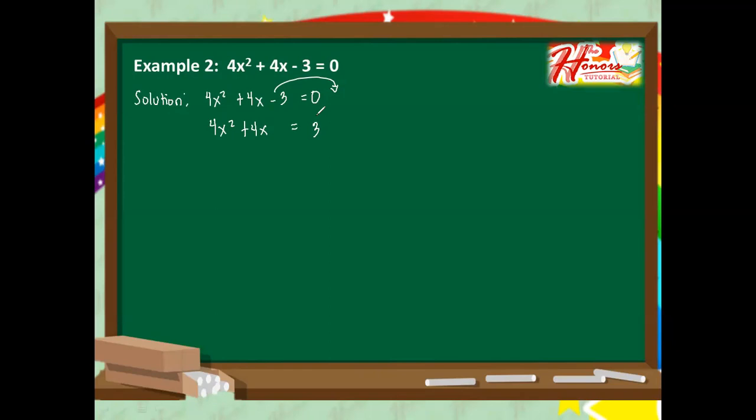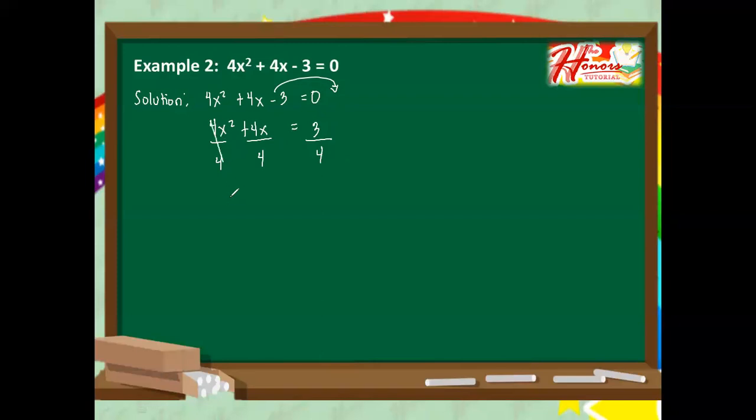Next, after that, we have to eliminate the number that is beside x squared. And how are we going to do that? We have to divide all of the terms by the number that is beside x squared. And that is 4. So we have here 4, 4, and 4.